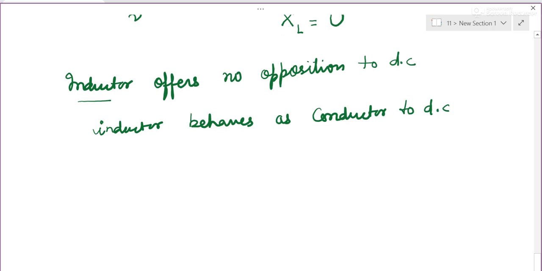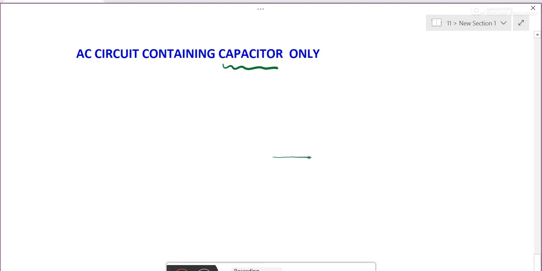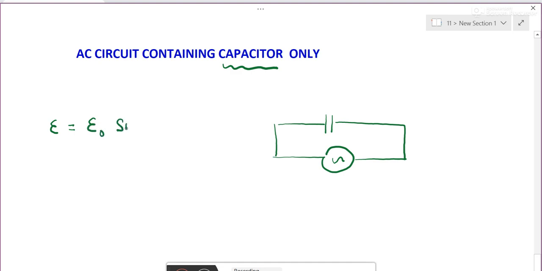Now getting to the next. We have an AC circuit containing a capacitor only. First we will draw the circuit. This is your AC source, and this circuit contains a capacitor only. You already know the general expression for alternating EMF, and if we wish we can write it with the symbol V also.